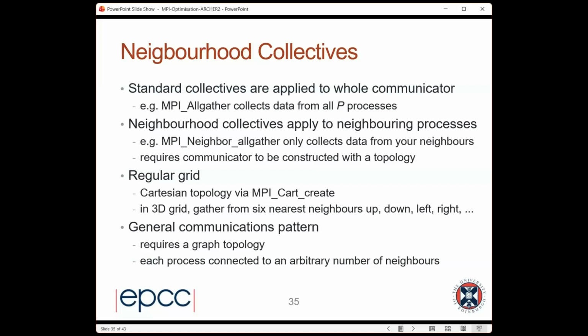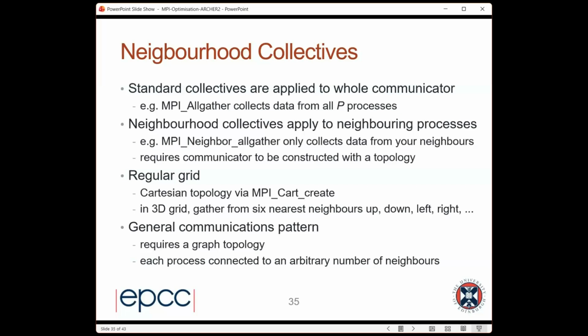The bottom line is, it is possible to do halo swapping in an n-dimensional regular grid with a single collective call. It's called MPI_Neighbor_alltoallw. Again, it's slightly outside the scope of the course, but I wanted to mention it because it's in the benchmark.